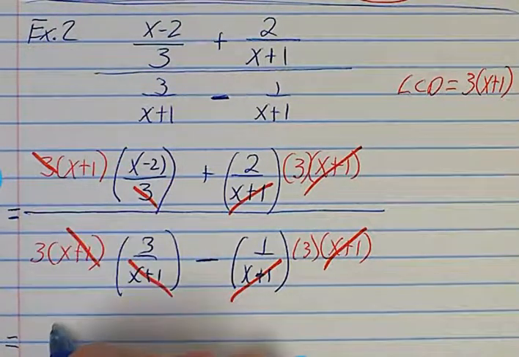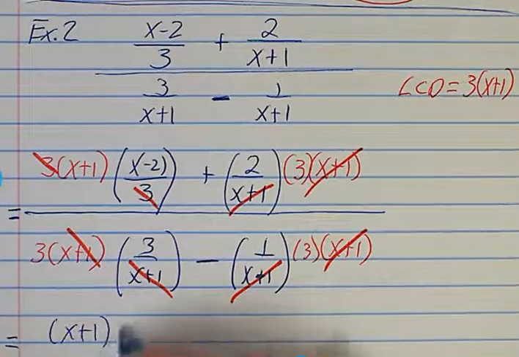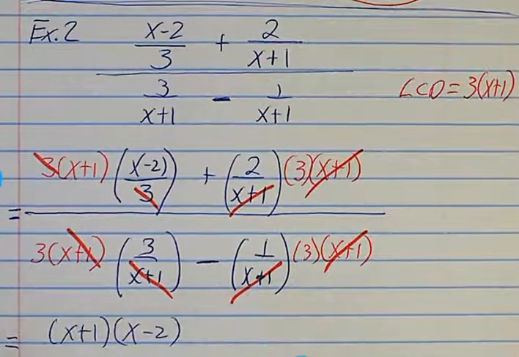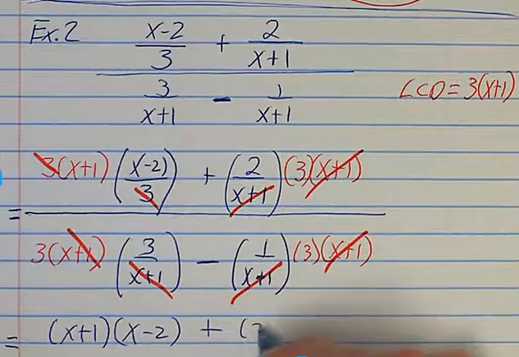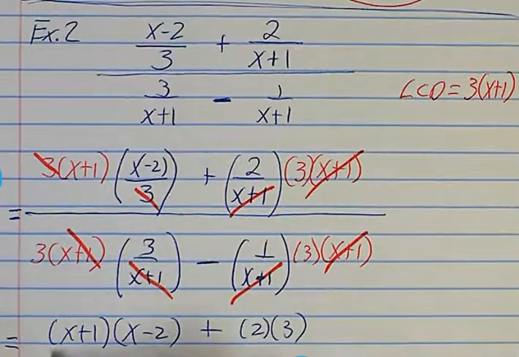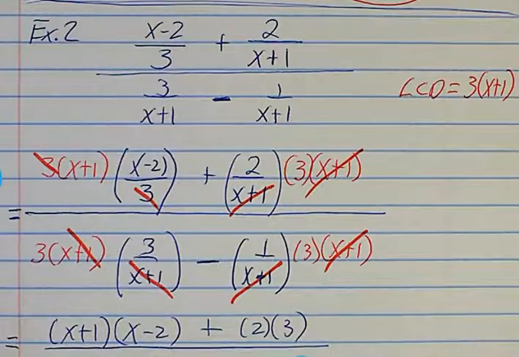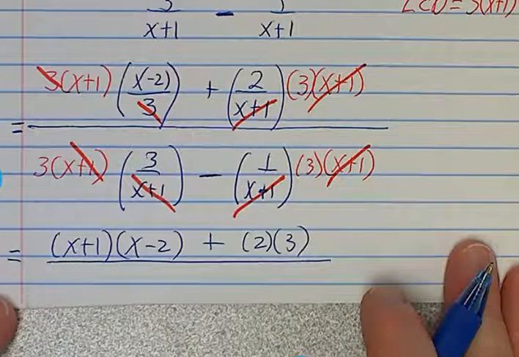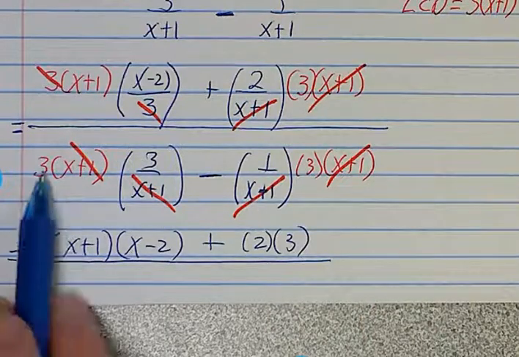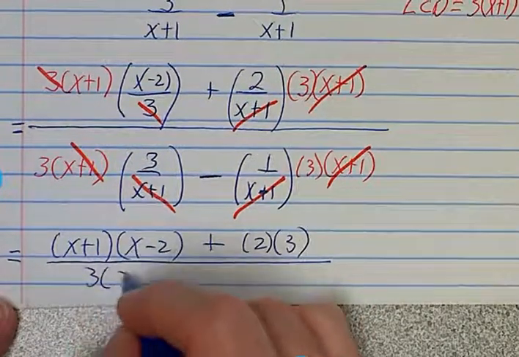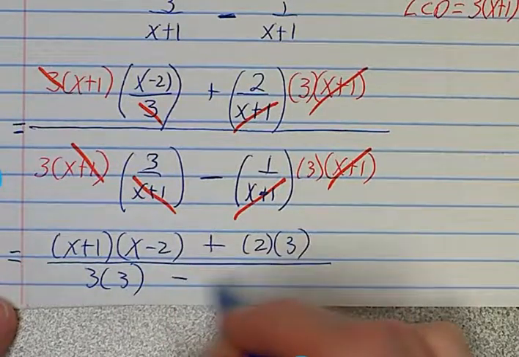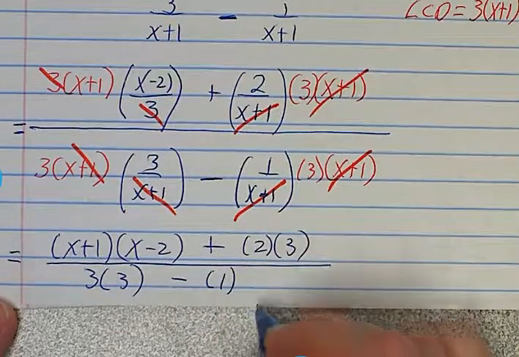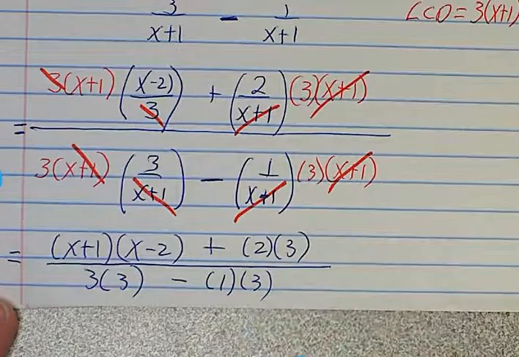So now you've got x plus 1 times x minus 2 plus 2 times 3. Alright, and on the bottom we've got 3 times 3 minus 1 times 3.